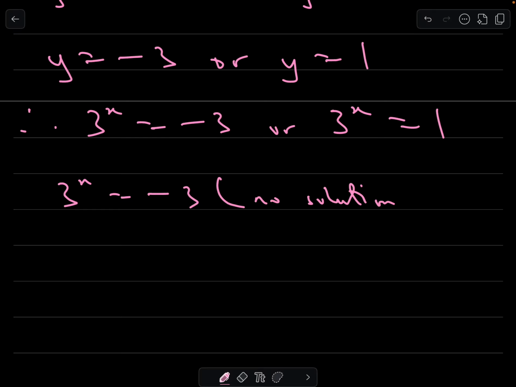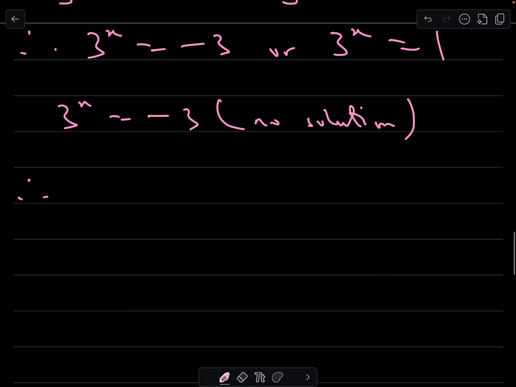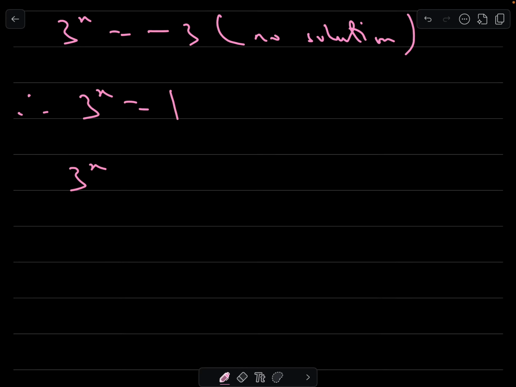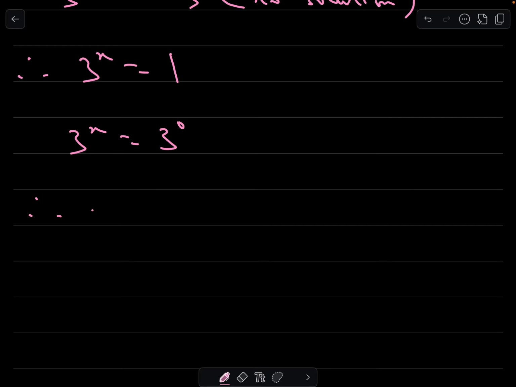So we write that. And that therefore means 3 raised to power x equals 1. If you write 1 as a power of 3, it will become 3 raised to power 0. And that therefore means x equals 0.